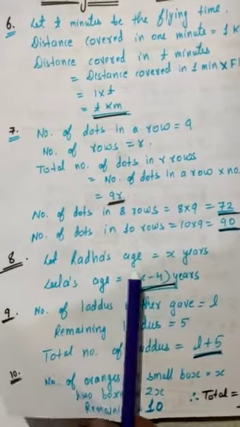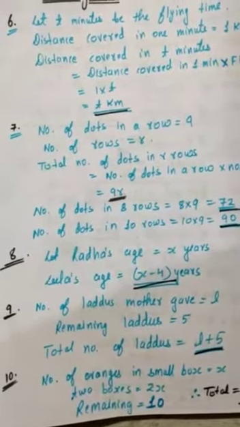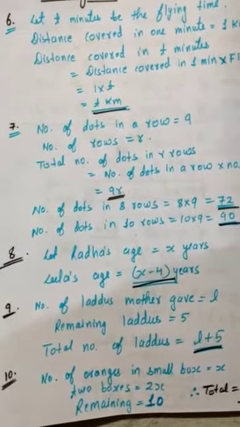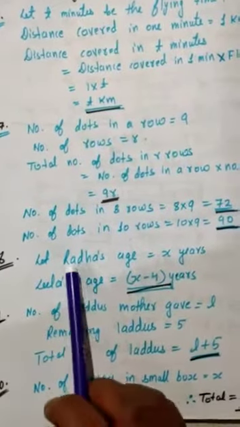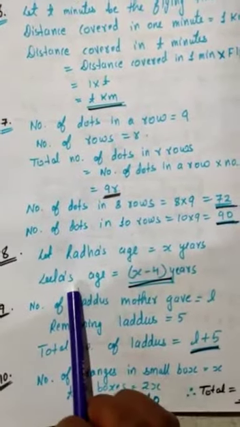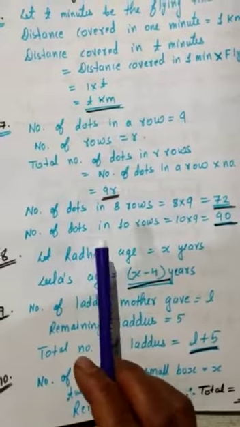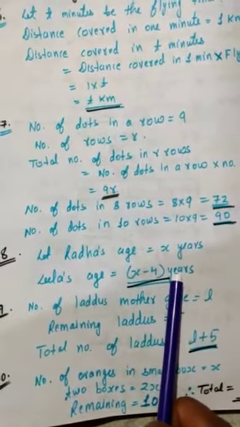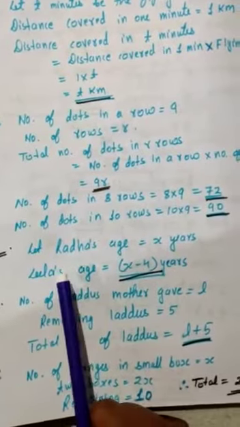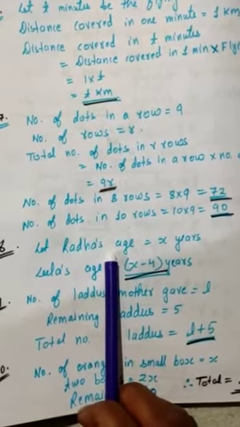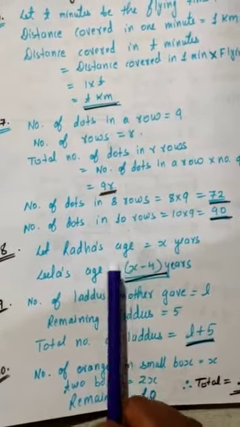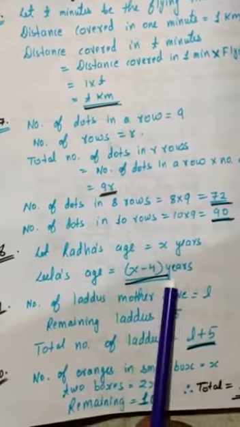Now question number 8, which is very simple. Leela is Radha's younger sister. There are 2 girls, Radha and Leela, और उनकी age के relation भी are given, and you have to make the equation. It is given that Leela is 4 years younger than Radha.